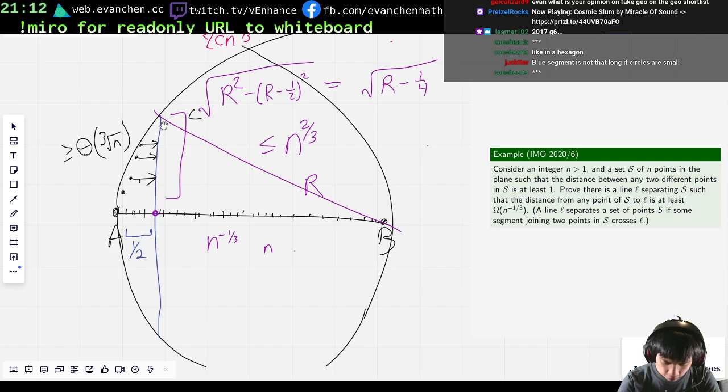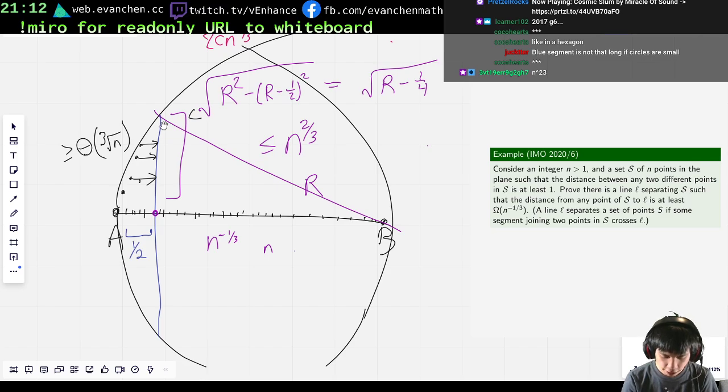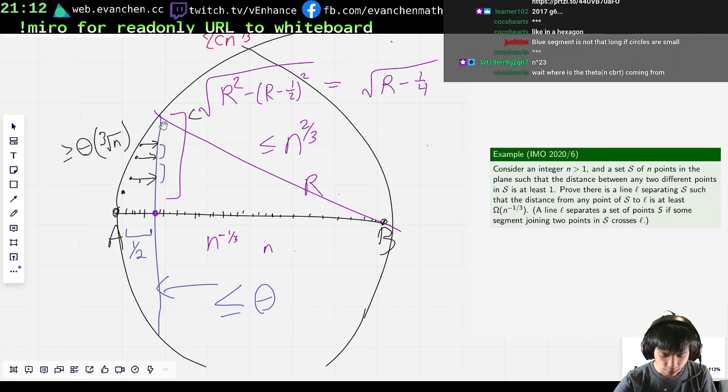So this blue segment can be at most, because the shadows are spaced every cube root n, like these shadows are here, so this blue segment is less than or equal to, okay, wait. I'm flipping every sign. It's just exactly the kind of thing I do.